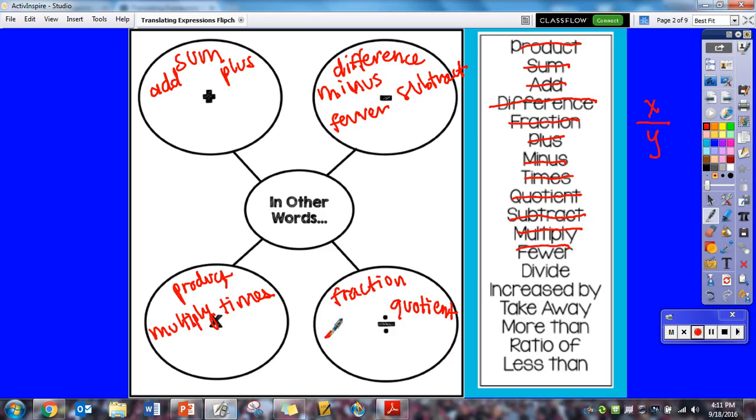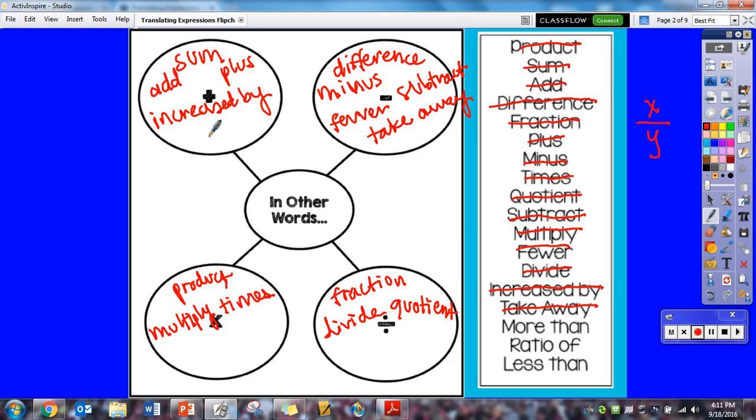Divide, we're going to use division. Increase by, kind of the opposite of fewer. We're going to be adding something, so we're going to increase something. So, increase by, we're going to put with addition. Take away, we talked about this when we said fewer. So take away is subtraction.